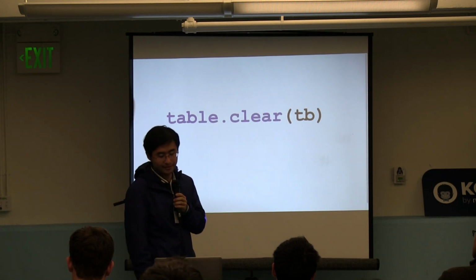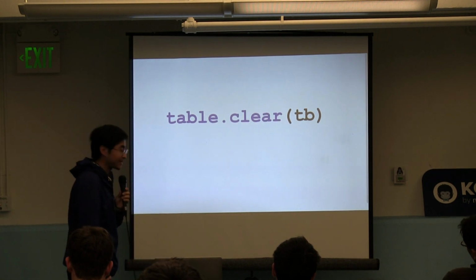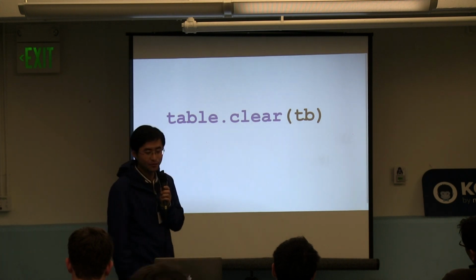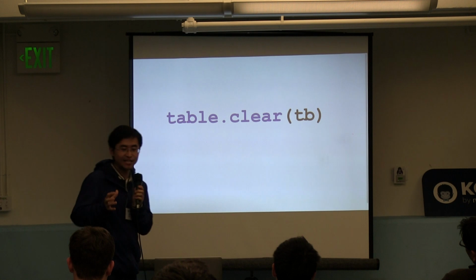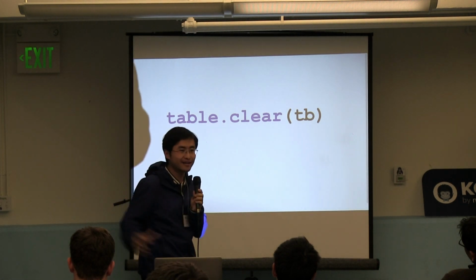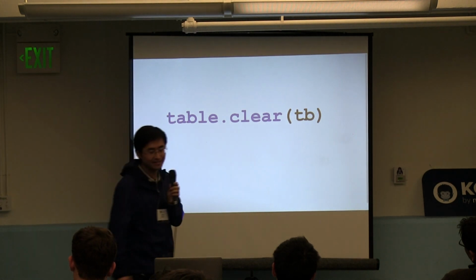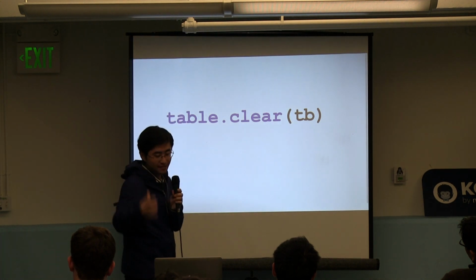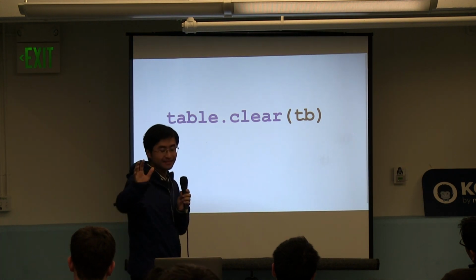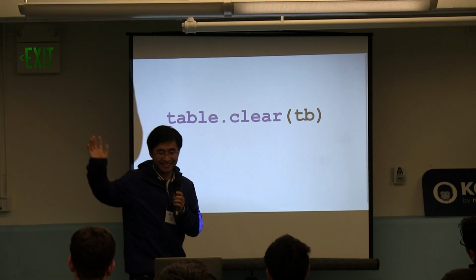Also, there's a table.clear API that you can use to clear a table without freeing the table. It's very important because allocations are expensive. You want to recycle the Lua tables as much as you can. So before reusing a table, the simplest way is to clear up the table, zero it out, right?